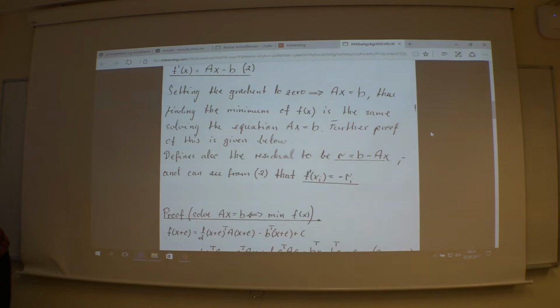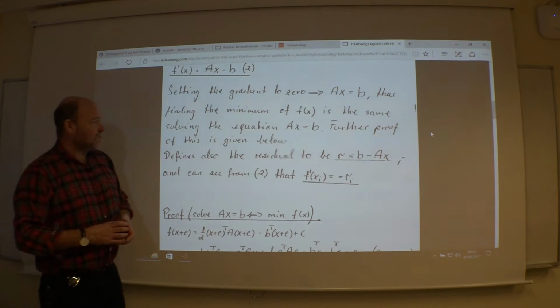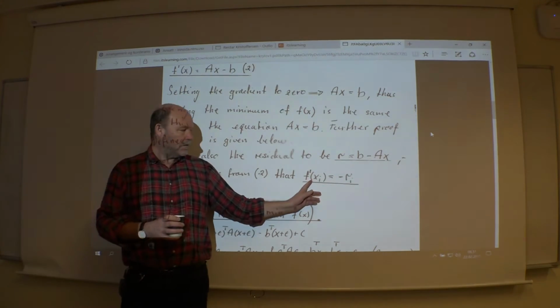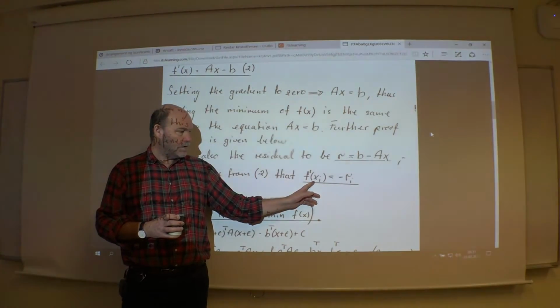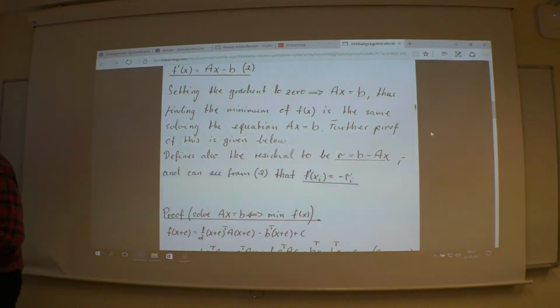So when you are deciding on your search direction, where should you go? Well, you go in the gradient direction. And if it's 0, then you don't have to walk any further, then you have the solution. So it will automatically give you the direction where you should go.